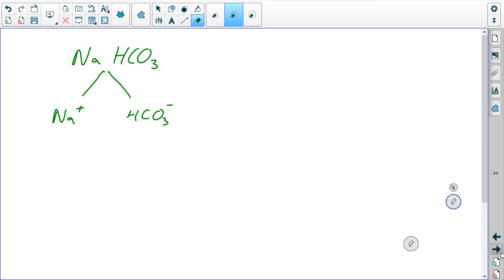So now we have a monatomic ion, so the Na will be a plus 1, treated separately. And now you can do our equation here. HCO3, we have plus 1 hydrogen, minus 2 times 3 oxygens, plus 1 unknown, equals negative 1.